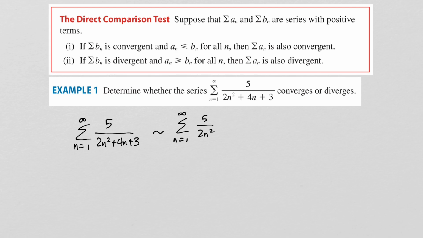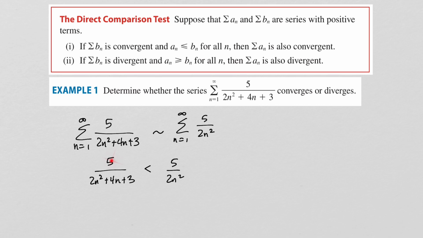But we also know that 5 divided by 2n squared plus 4n plus 3 is definitely less than 5 divided by 2n squared. Notice that these two fractions have the same numerator, and they both have the term 2n squared in the denominator, but this one has two extra terms added to the denominator. And so we know that 2n squared plus 4n plus 3 is larger than 2n squared.